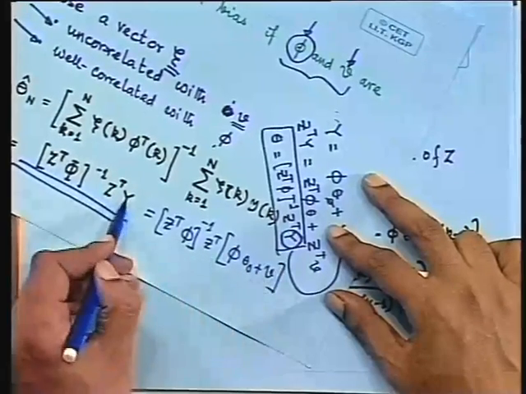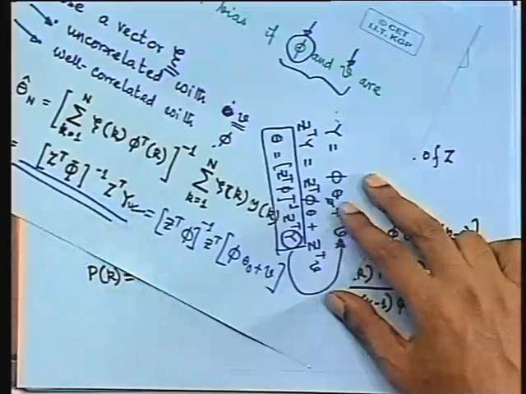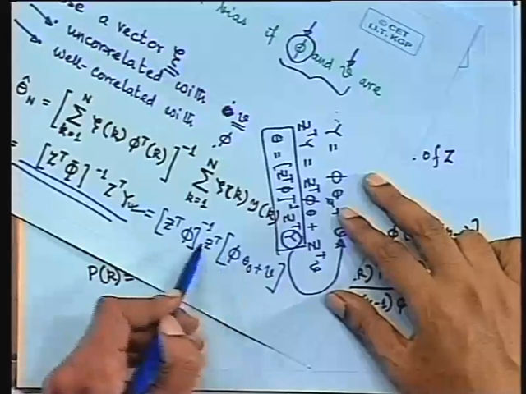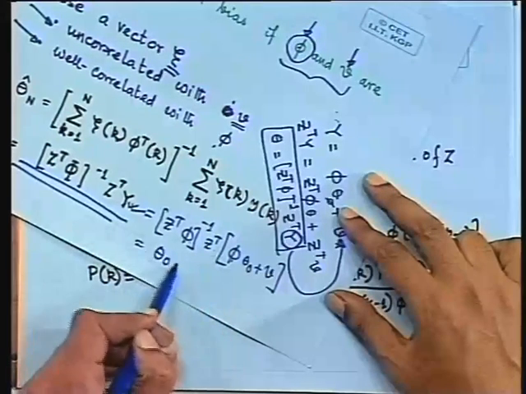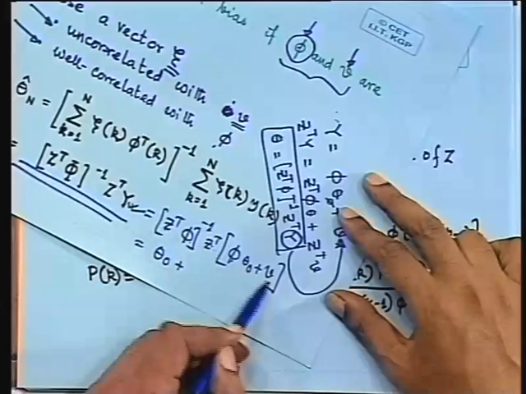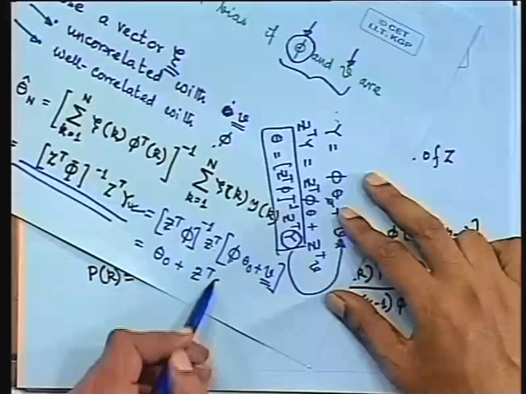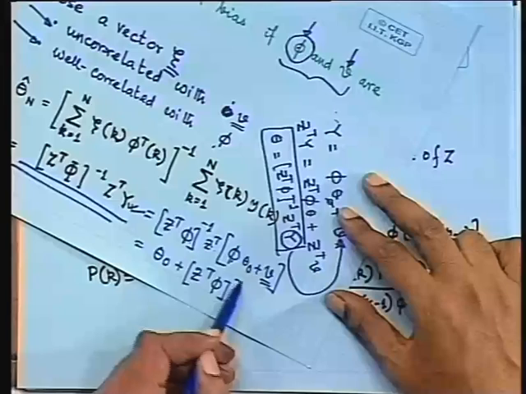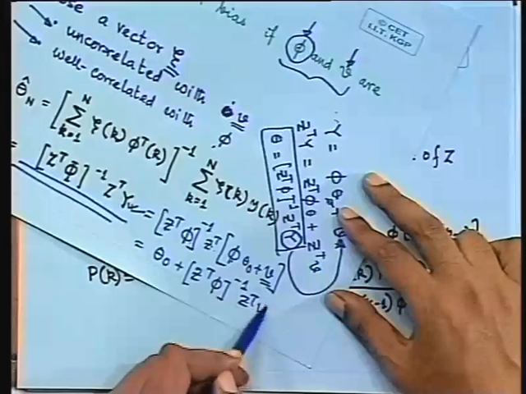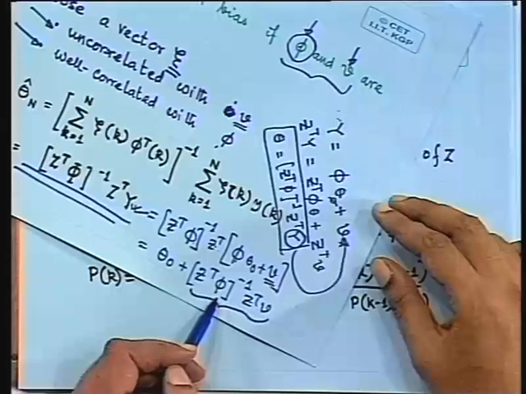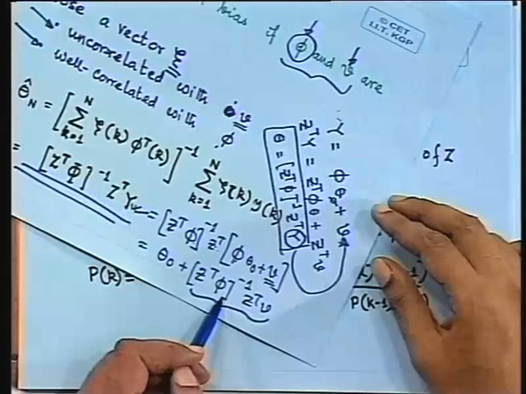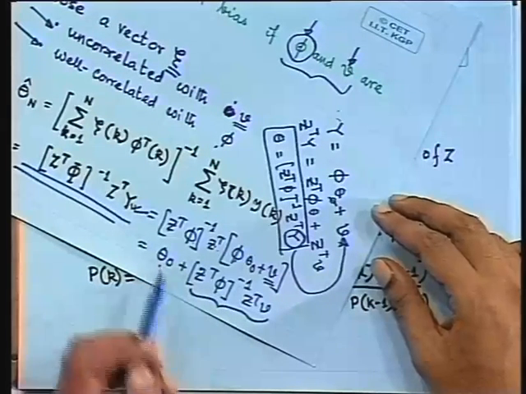This is how y has been generated, right? So now you get Z transpose phi inverse Z transpose phi, so you get theta naught, and then you get Z transpose phi inverse Z transpose v. That is your error term, the parameter error. This is your theta tilde. This is the amount by which your estimated parameter is off from the real parameter which the system used.